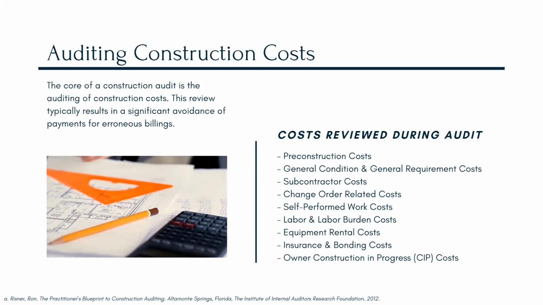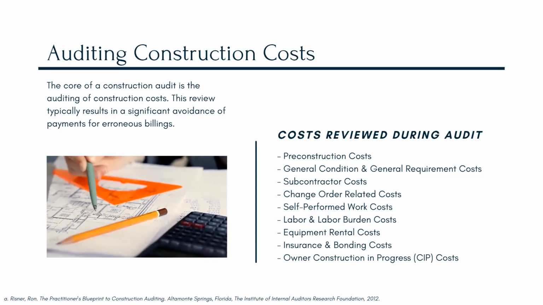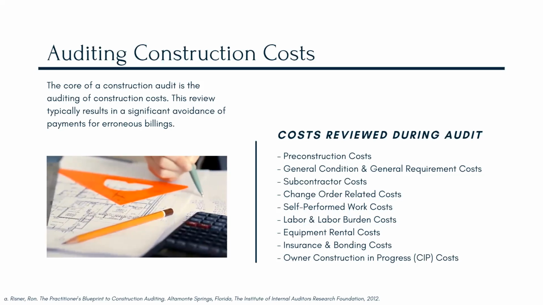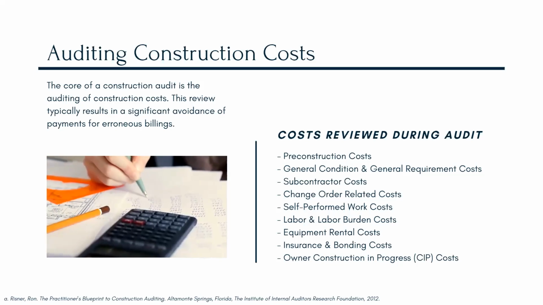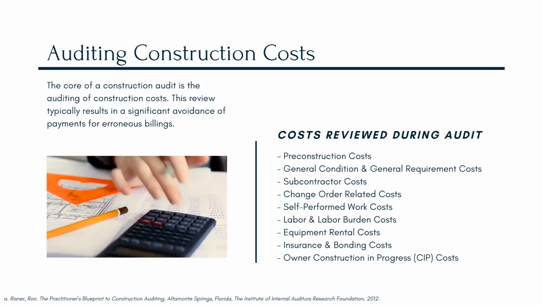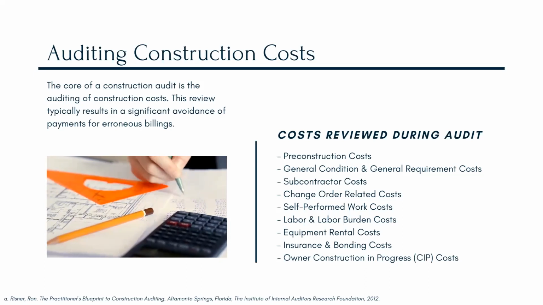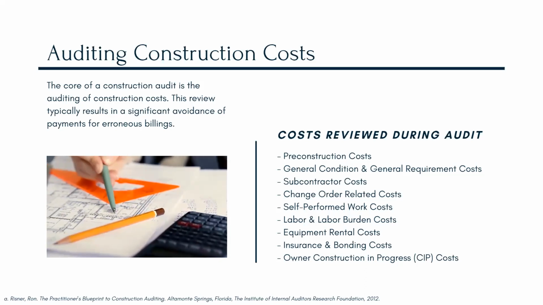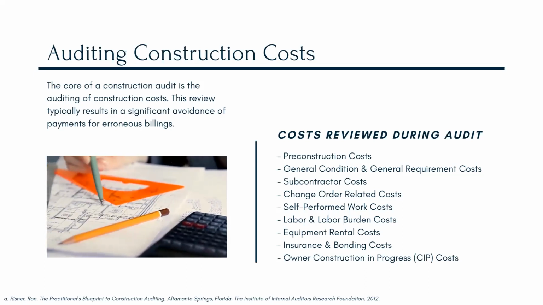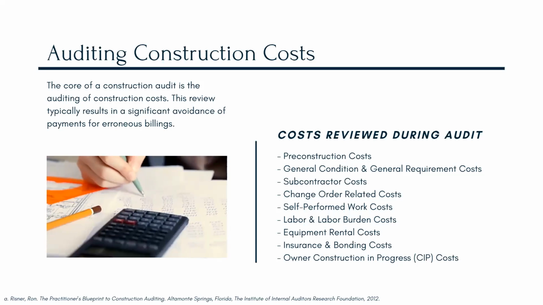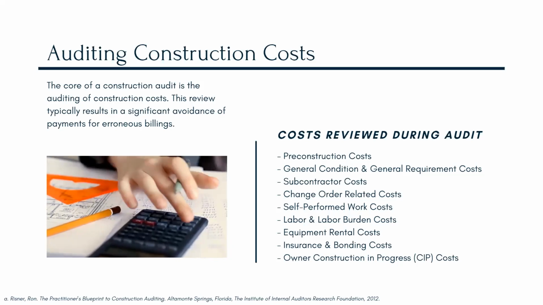Change orders change the scope of the project generally, and they always change the billing expectations. And change orders sometimes are contractually agreed to be billed differently than the project. Sometimes even on a lump sum project, a change order will be a time and material change order or a unit price change order basis.